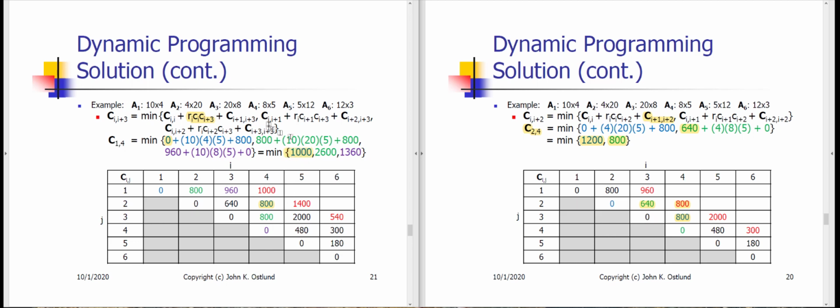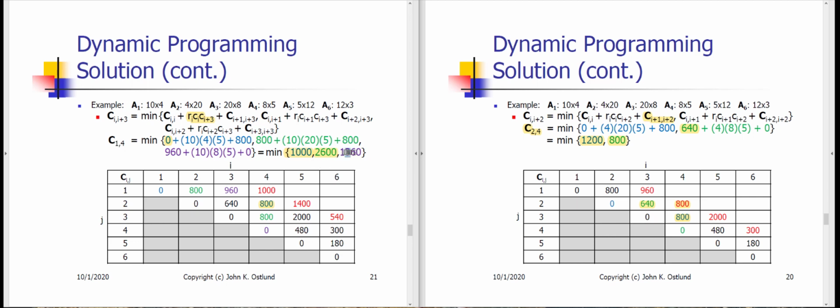The second possibility is C12 plus row 1, column 2, column 4, plus C34. That works out to 2,600. And the third possibility is C13 plus row 1, column 3, column 4, plus C44, which is 0.